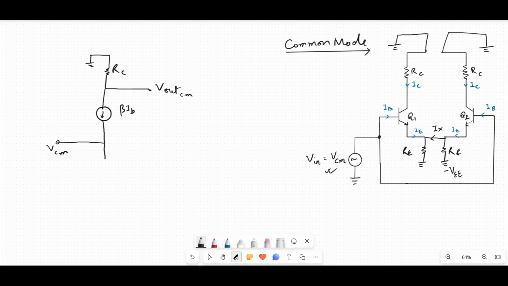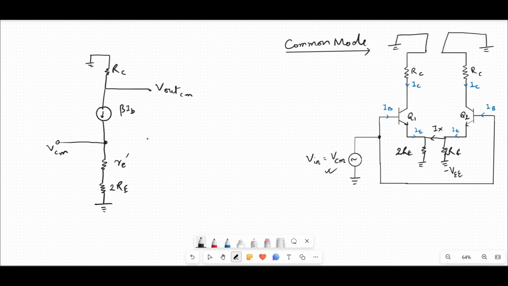We have VCM, and here we have the RE resistance. And finally here, yes, this is a parallel combination. So this should be 2RE. So this is the RE model.